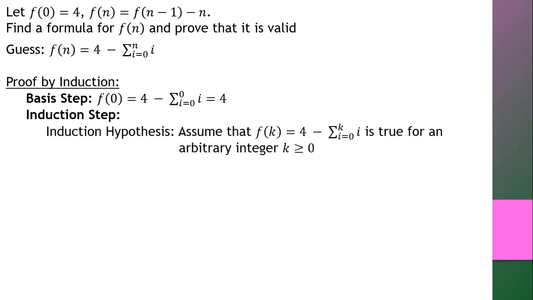The inductive step: we're assuming that f of k is equal to 4 minus the sum from 0 to k, for an arbitrary integer k greater than or equal to 0. And we want to show that the formula holds true for k plus 1.